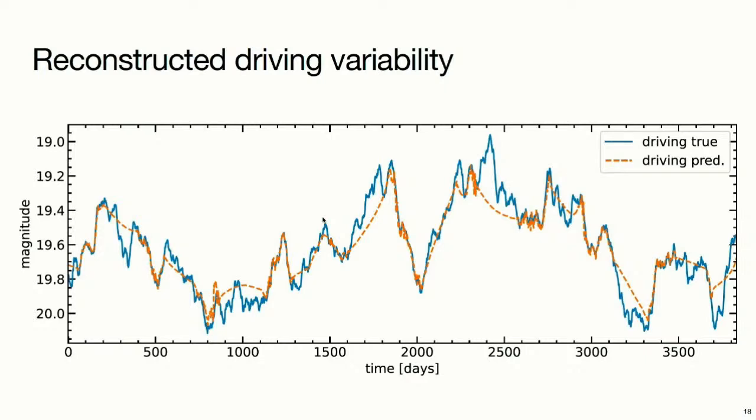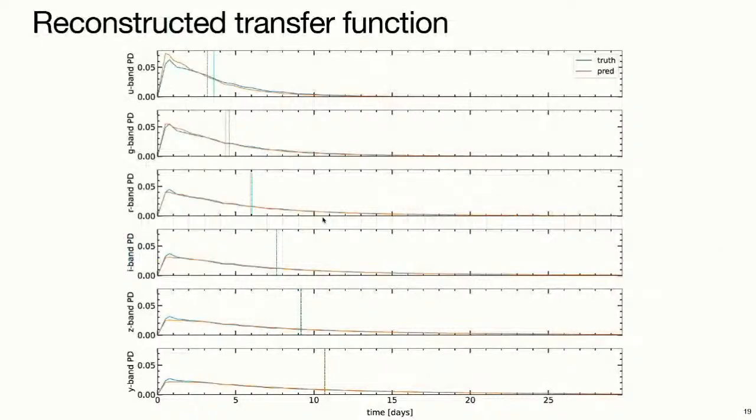So we just tend toward the mean distribution in that case, but focusing on this area, for example, where we do have observations in between those season gaps, we can reconstruct the driving variability.